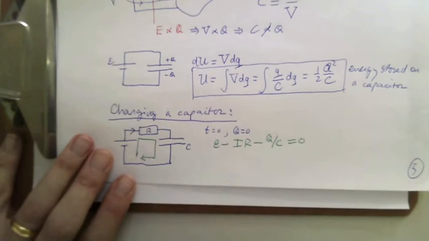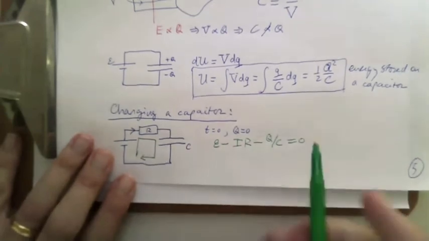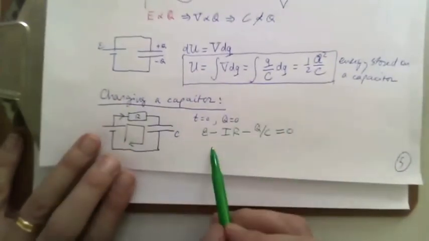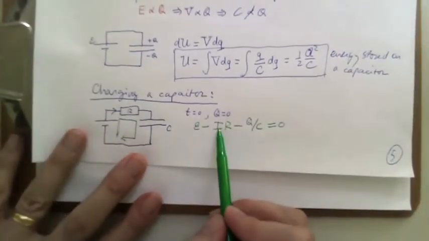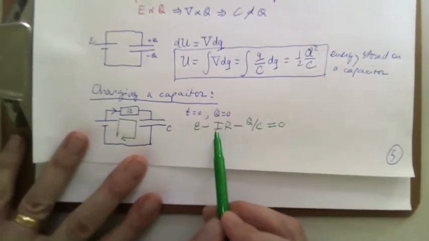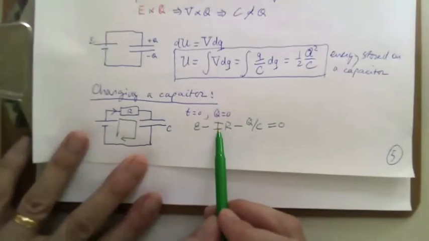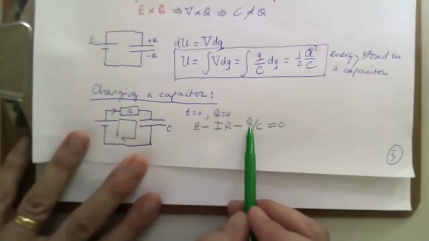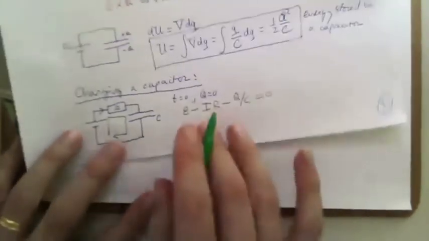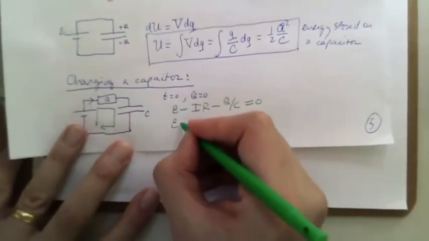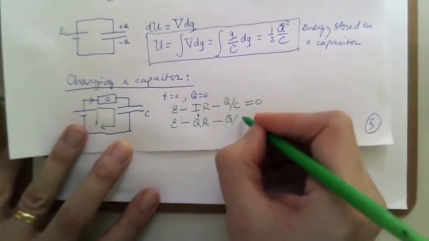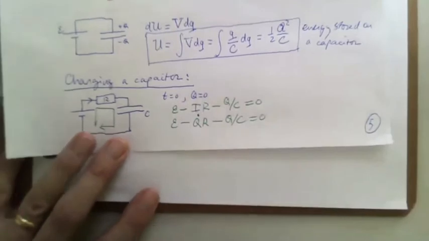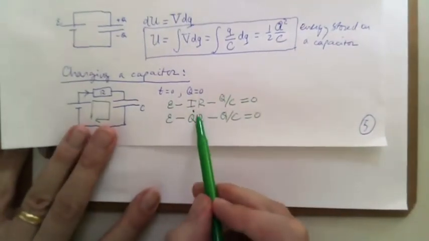You might not see this right away, so I'm going to help you a little bit. This current is related to another quantity in this equation, and that quantity is Q, because the current is dq dt. So we can write this as E minus Q dot R minus Q over C is equal to 0. And the dot is the time derivative.